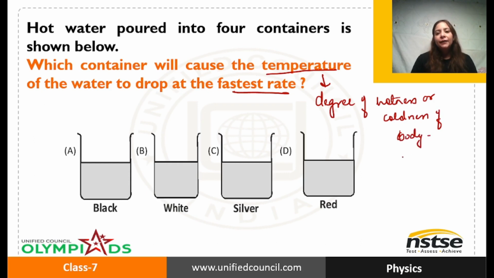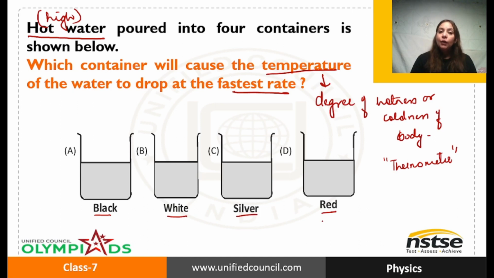And we measure temperature, as you all know, by a thermometer. We have a lab thermometer also, and a clinical thermometer also. Now if I say hot water, that means its temperature is high. And we are pouring it in different containers, and the difference between the containers, as you can see from this question, is in the colors.